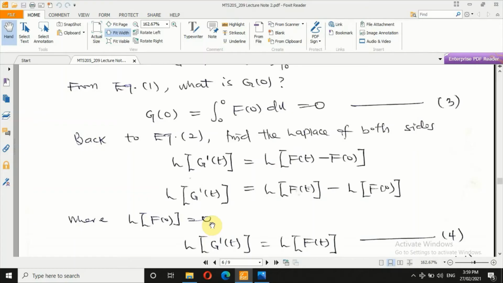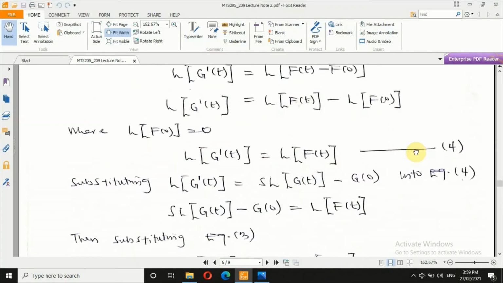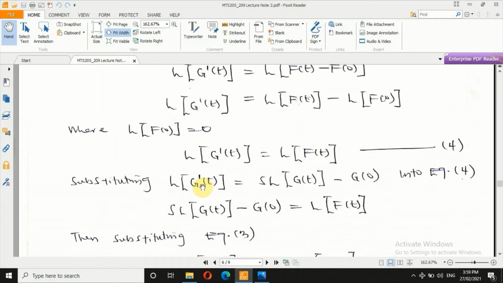So that is not all. We proceed again. If this side here is 0, then what remains is this one equal to this one. That is how we obtain our equation 4. Now, from equation 4, do you notice that the Laplace of the first derivative is what we know before? The Laplace of the first derivative is s times the Laplace of that function minus g of 0.